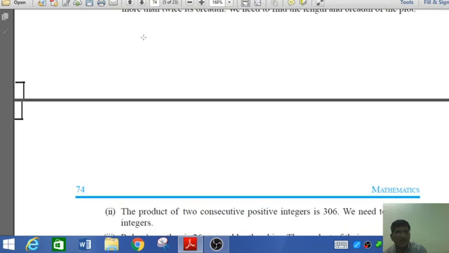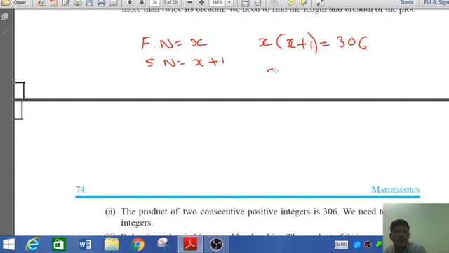So let the first number be x, then the second number is x plus 1. Product means multiplication. x into x plus 1 is equal to 306. Now x square plus x minus 306 is equal to 0.